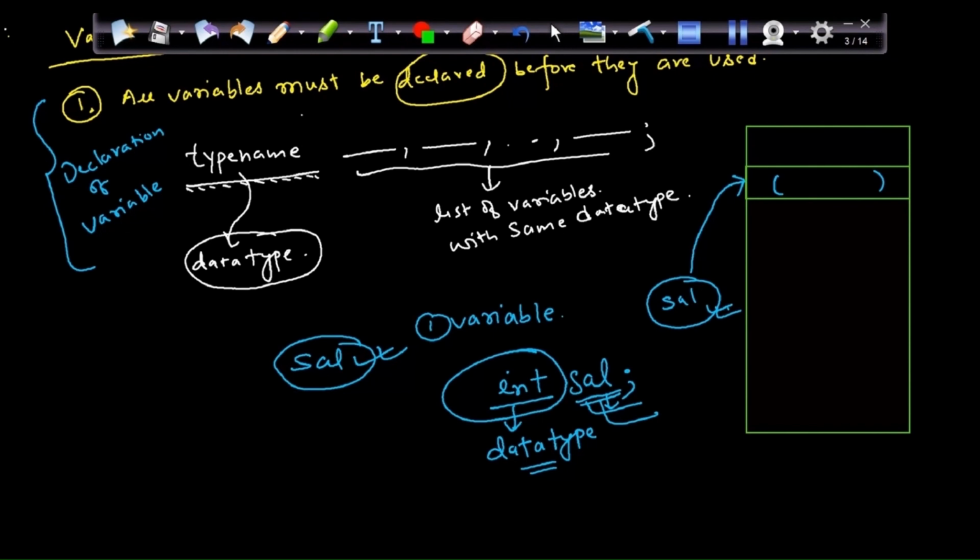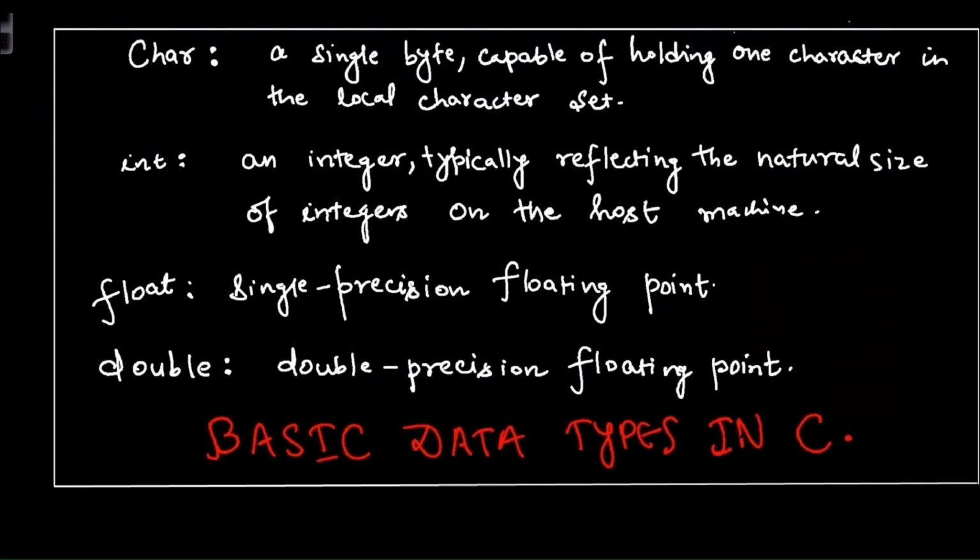Okay, similarly in the C programming language there are four basic data types. These are the basic data types in C: character, integer, float and double. Let me tell you something: the size of these data types is machine dependent.